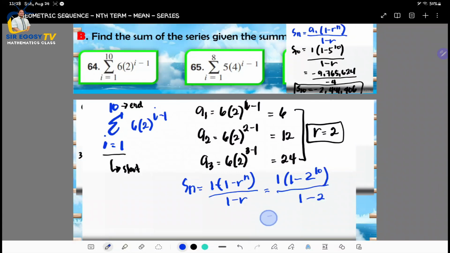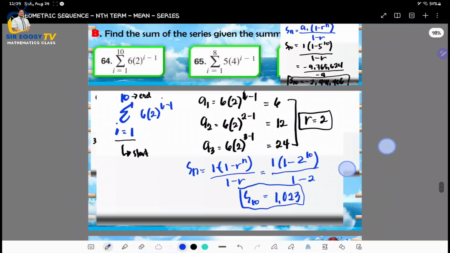Over 1 minus 2. And since both are negative, this will give us 2 raised to 10 minus 1, which is just equal to 1,023. And that's all, class. Thank you.